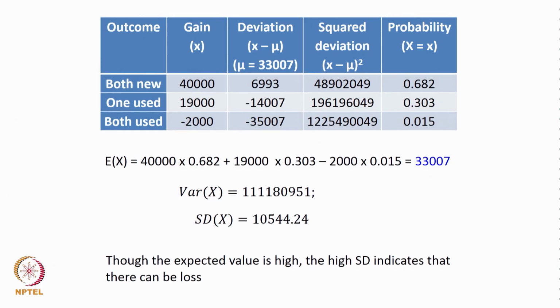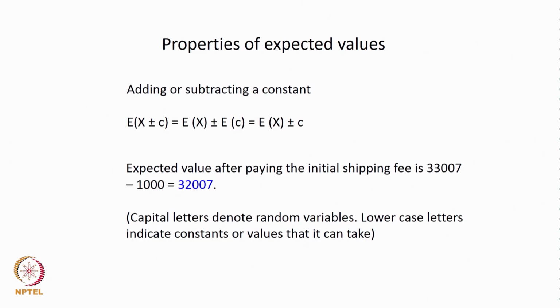Now, x minus mu is calculated: 40,000 minus 33,007, 19,000 minus 33,007, minus 2000 minus 33,007, each squared and multiplied by its probability. The variance is 111,180,951 and the standard deviation is 10,544.24. So, though the expected value is high, 33,007, the high standard deviation indicates that in this case there can even be a loss, however small the probability of that loss is.